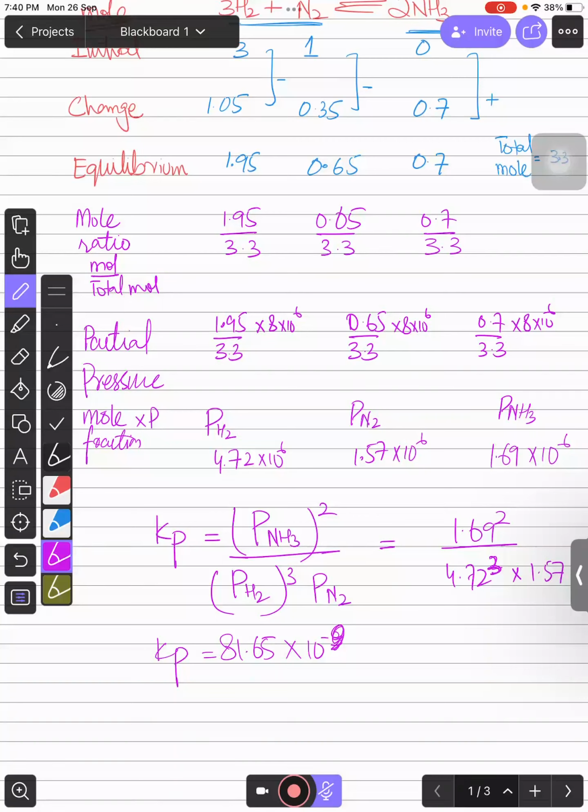And if you talk about the second one, is the pressure of hydrogen, which is 4.72 10 raised to the power 6 square into 1.57 10 raised to the power 6. सिर्फ 4.72 रेशो पर क्यूब नहीं होगा. 4.72 raised to power cube 3 है ना?